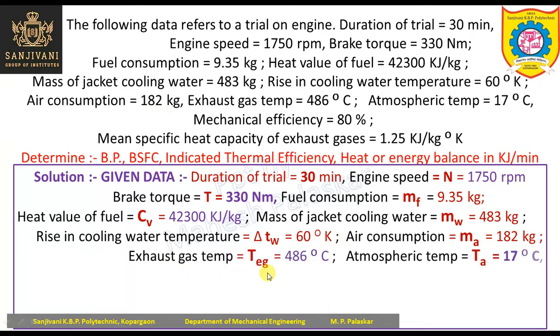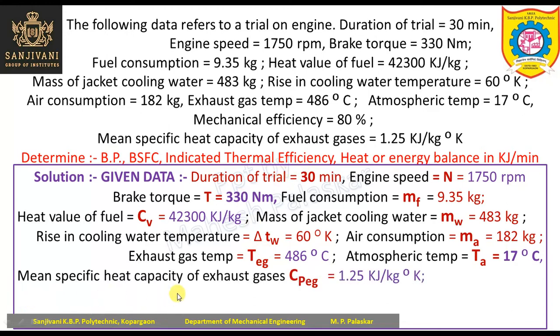Then the exhaust gas temperature TEG is 486 degree centigrade. This is the notation for the exhaust gas temperature. Atmospheric temperature is TA, 17 degree centigrade, that is also given.